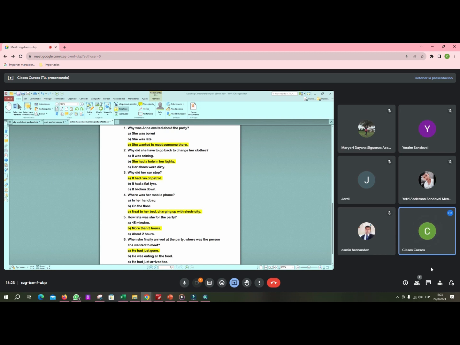An example using past perfect. Which could be one? Can you give me one, please? Un ejemplo utilizando una oración negativa con pasado perfecto. Which one would be? Yes, teacher. Okay.